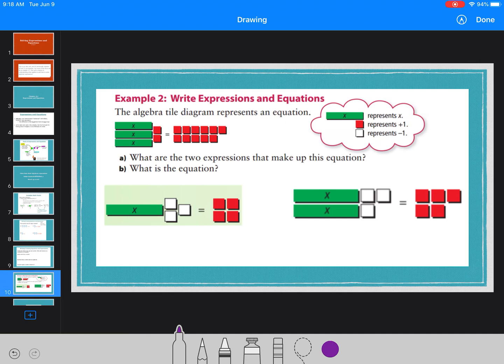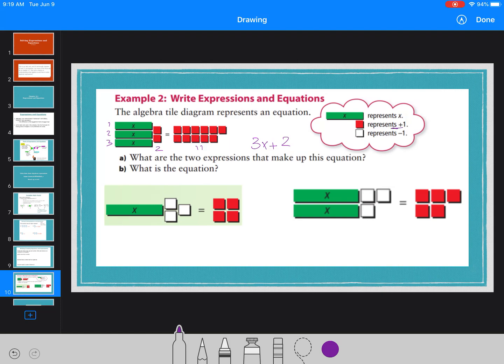Okay, so here's an example. So we have how many X's? We have 1, 2, 3. How many counters? We have 2 counters here. And then what's our result here? Because that's an equal sign. 2, 4, 6, 8, 10, 11. So when we look at this and we put it together, this would actually be 3x plus 2, right?